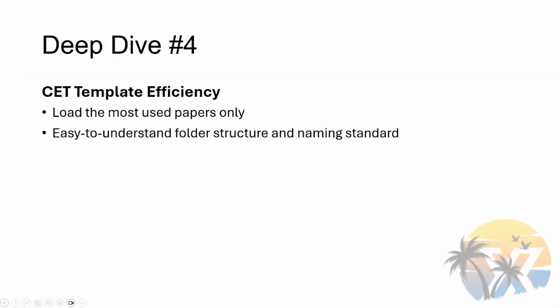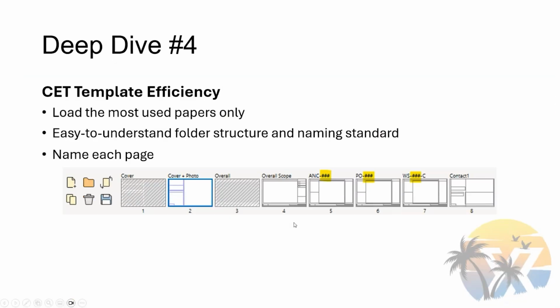So lastly, I always stress to designers that it's super important to name your pages in CET. I can't stress enough how stressful it is to go into a file with 50 pages and they're all named like this. And there's no numbers, there's no component notation or panel electric notation.